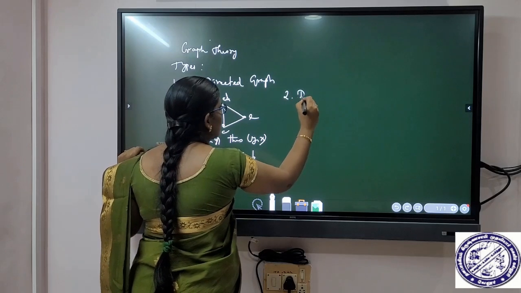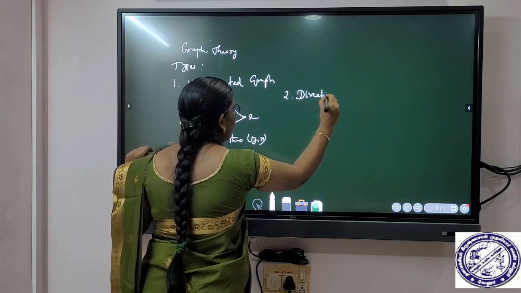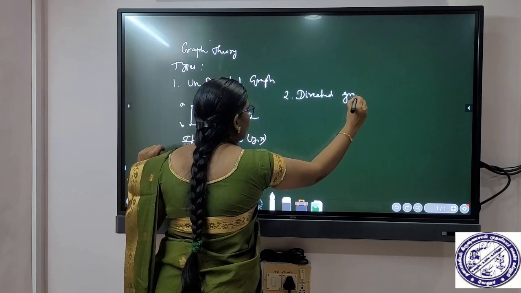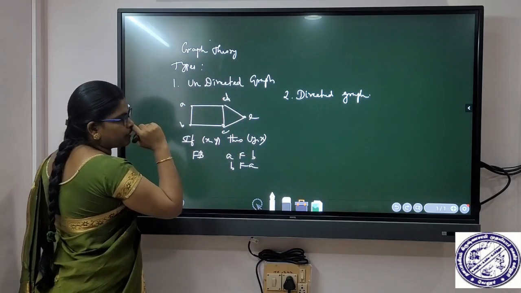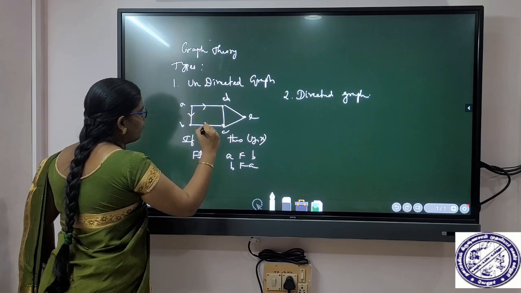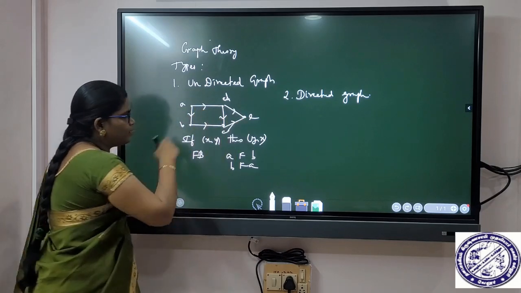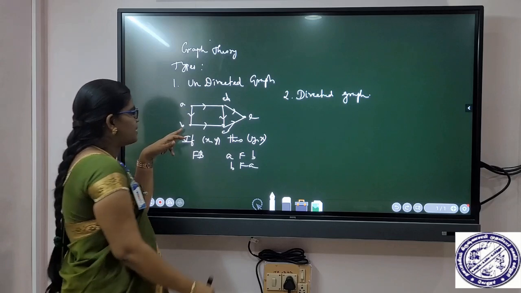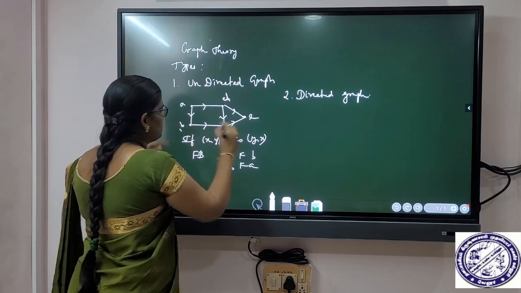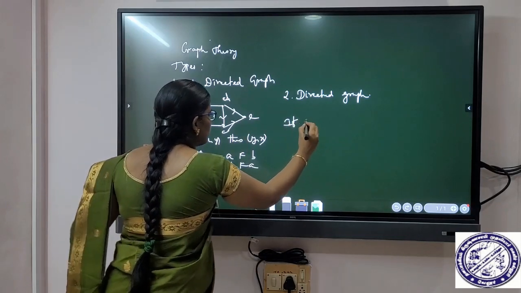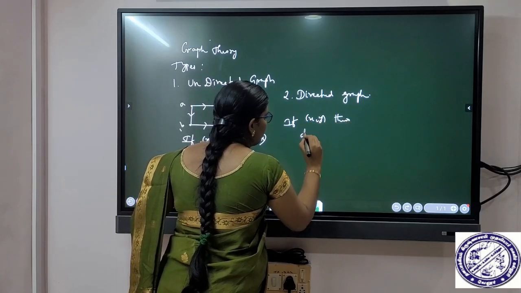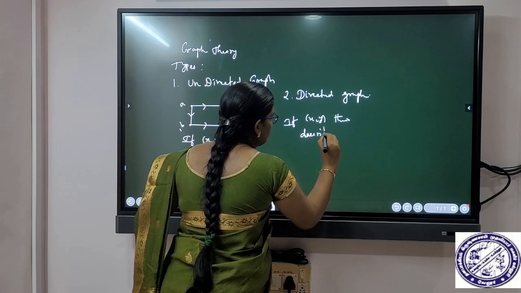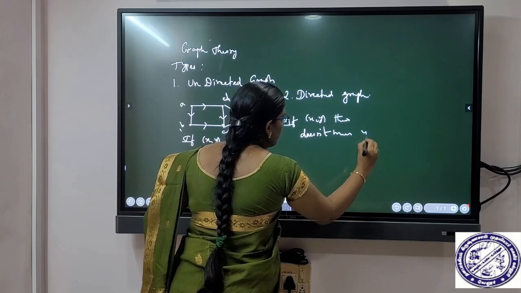Second one is directed graph. In the same graph, we give a direction. This is the directed graph. In this graph, the basic condition is if (x, y), then it does not mean (y, x).